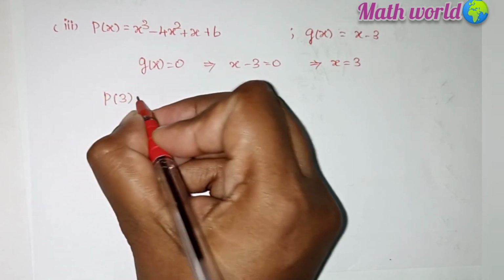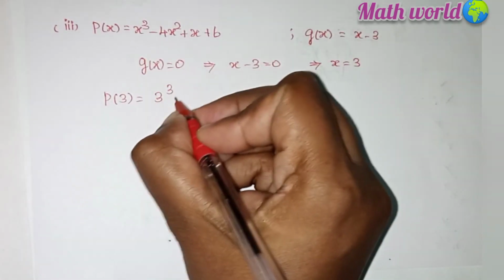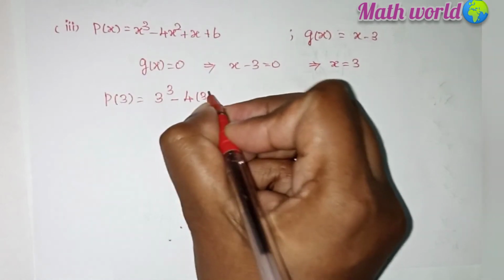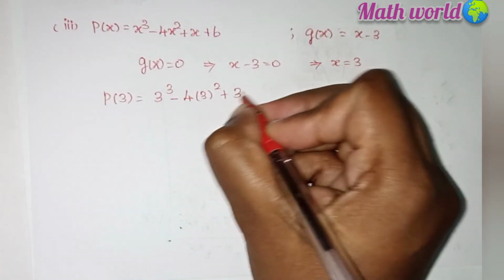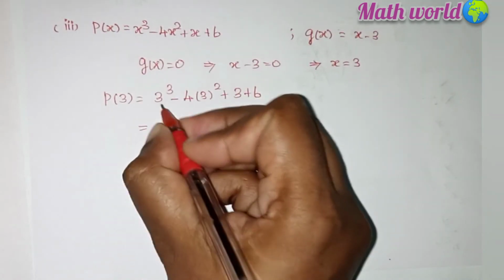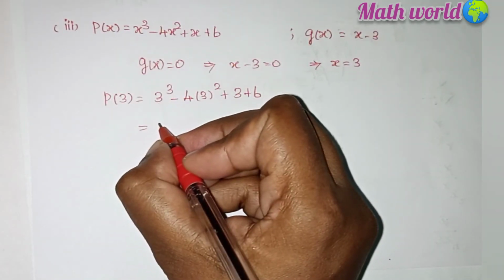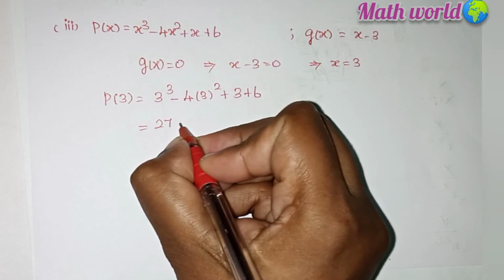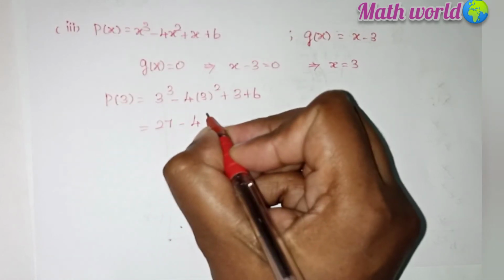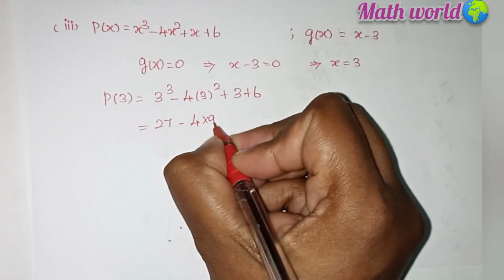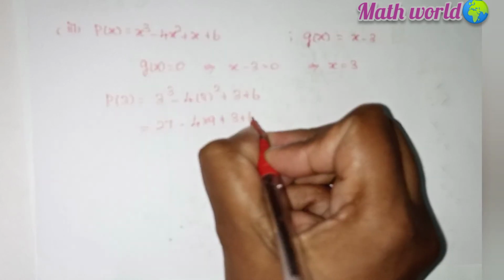So p of 3 is equal to 3 cube minus 4 into 3 square plus 3 plus 6. Okay. So 3 cube means 3 3s are 9, 9 3s are 27, minus 4 into 3 square it is 9, plus 3 plus 6. Okay.